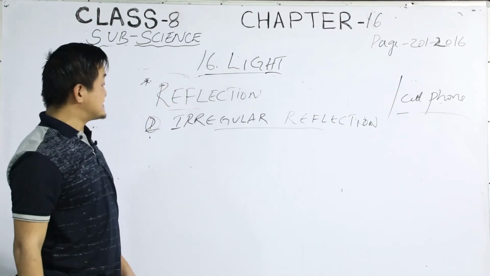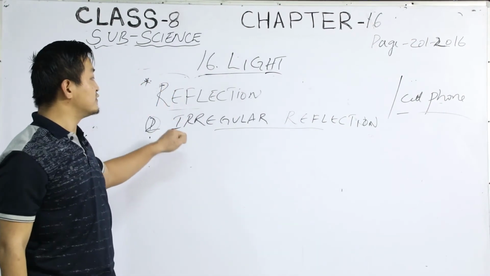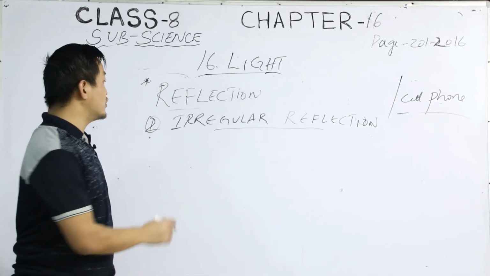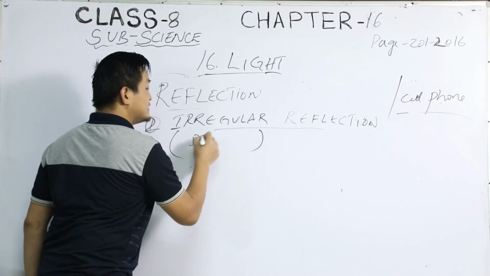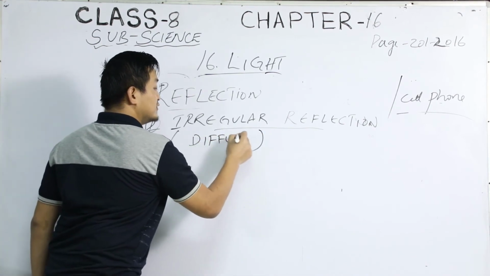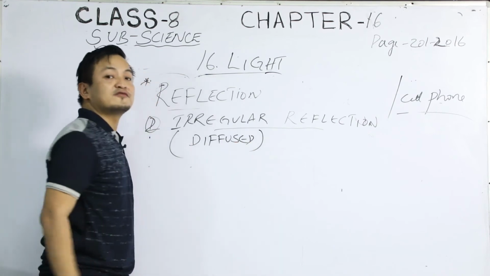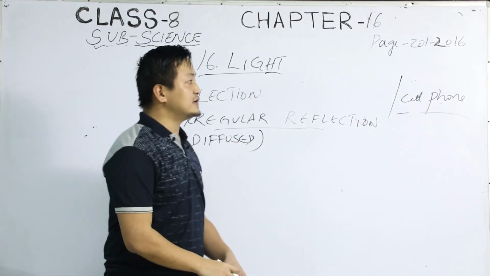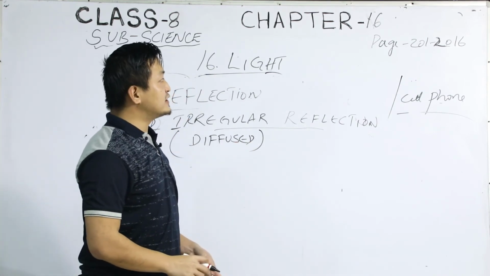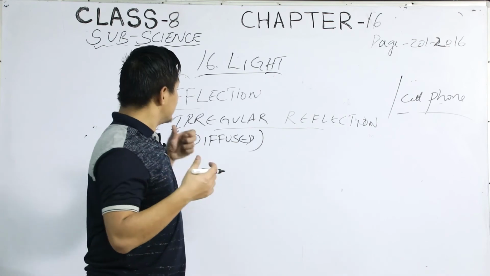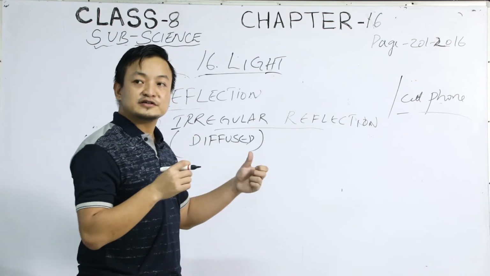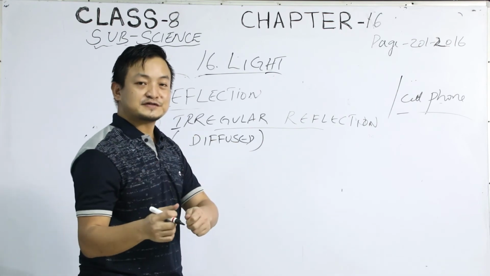Okay, so students, the second type of reflection is irregular reflection, also known as diffuse reflection, D-I-F-F-U-S-E. Now, we have already discussed regular reflection, which has to do with a smooth surface, right?